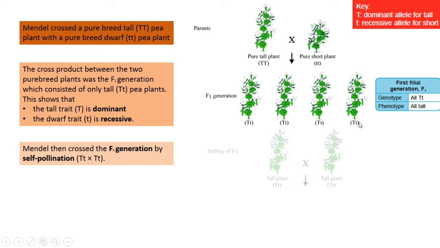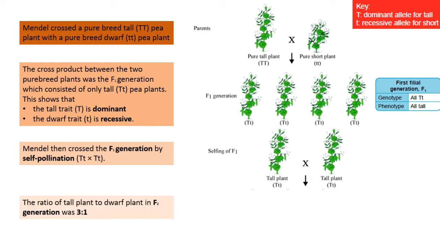Okay, the tall plant, capital T small t, is crossed with the tall plant, capital T and small t. So what is the result? The ratio of the tall plant to dwarf plant in the F2 generation was 3:1. Okay, look at the picture.